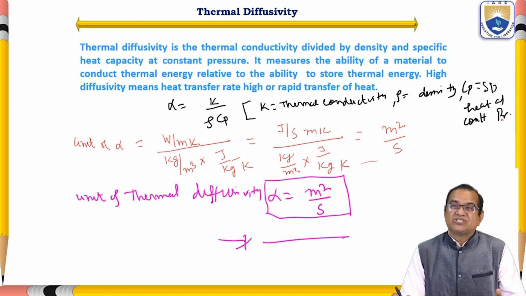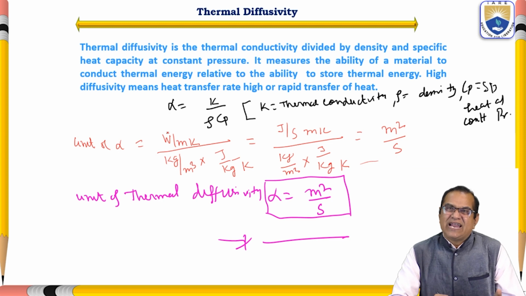So the unit of alpha: we know the unit of K is watt per meter Kelvin, rho is kg per meter cube, and Cp is joule per kg Kelvin. So we can write joule per second meter Kelvin divided by kg per meter cube times joule per kg Kelvin.